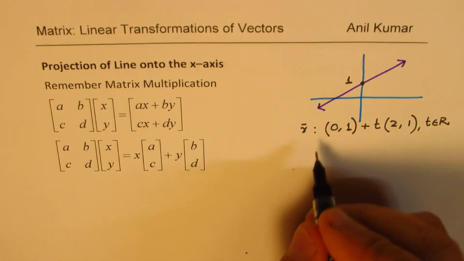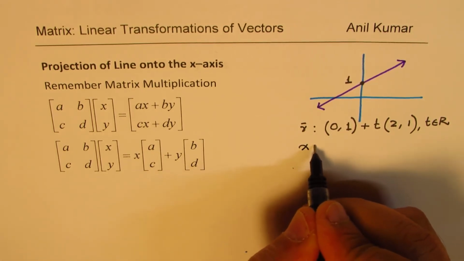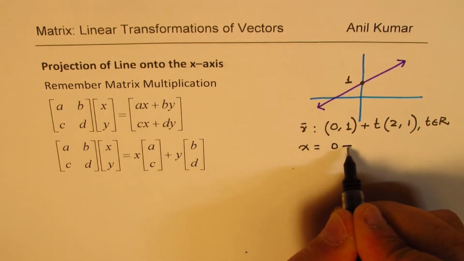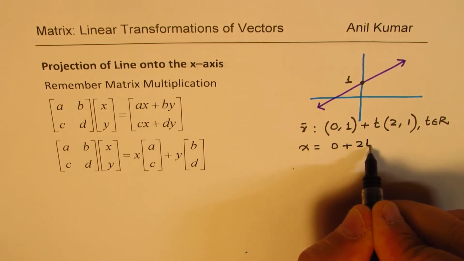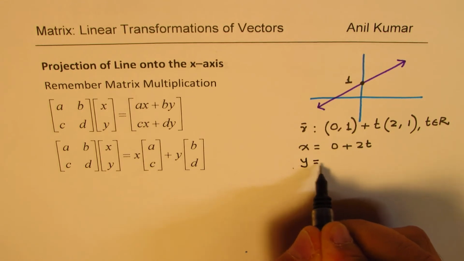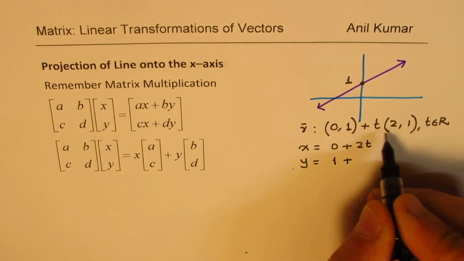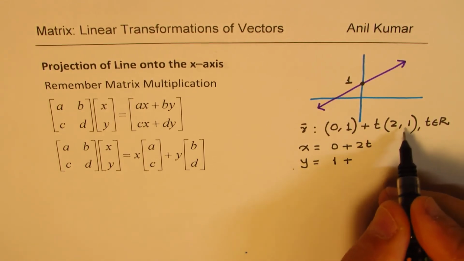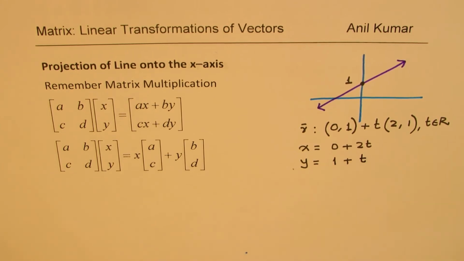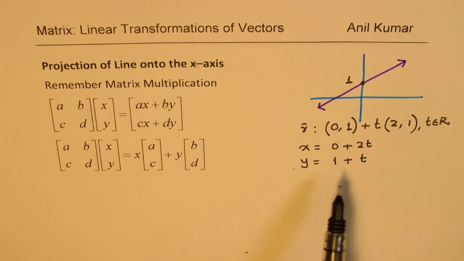Now, a general point will be given as what? The x value will be 0 plus 2t, and the y value will be 1 plus t. So that becomes a general point on a particular line.